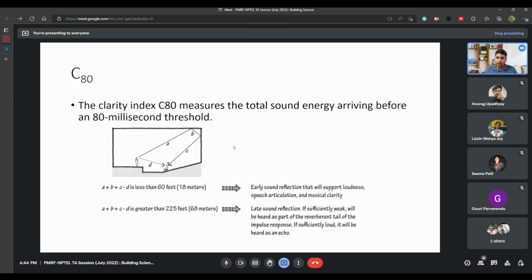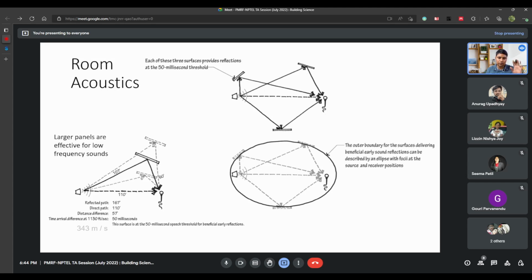So this clarity index gives an indicator. Utilize the clarity index to design a room. And also, speaking of room acoustics, when you consider a point source and a point of observer, in this example the direct sound took 110 milliseconds to reach the receiver, but after all this reflection, it took around 167 milliseconds.